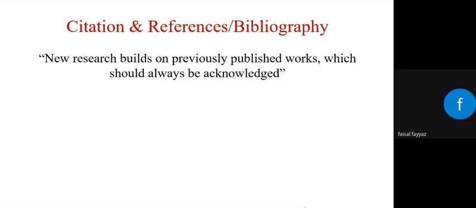When we talk about citation, references, and bibliography, it means how much tendency is available in the world about that topic. New research is linked with earlier research, and humans always improve themselves gradually.